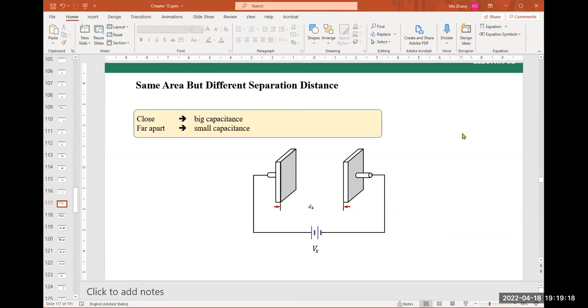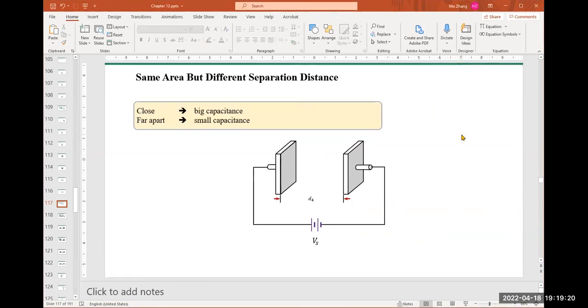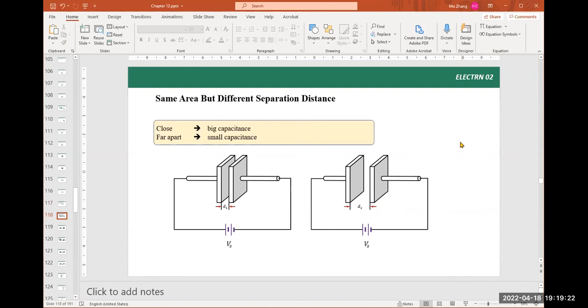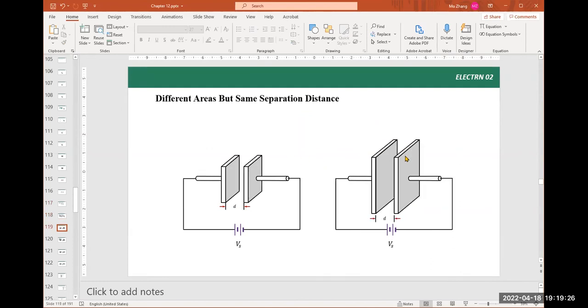Okay, cool. Now let's move to the second analysis. This is still the first one. How about now we keep the distance constant. We are not changing the distance between the plates. However, we are changing the area of the plates.